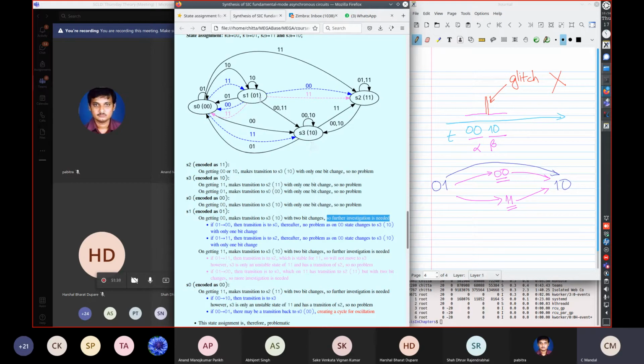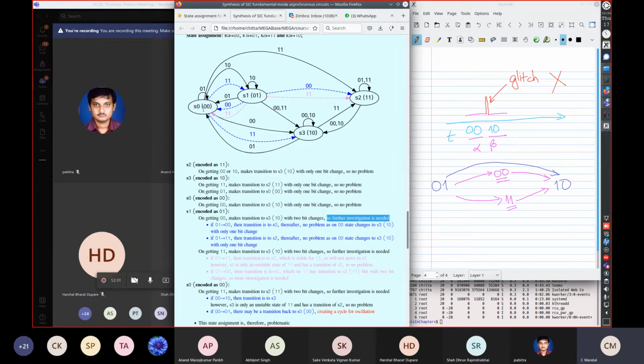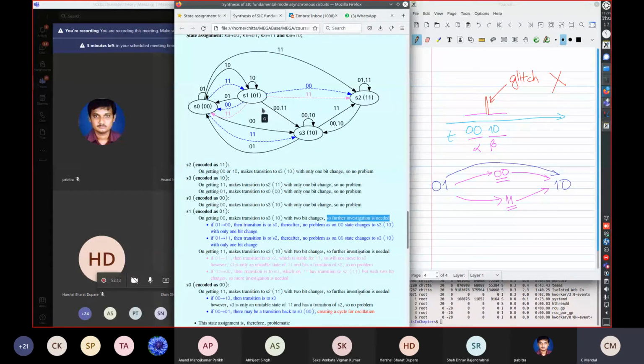So you wanted this transition on 0, 0 to S3, but it might actually come here, because as you have seen, the state change doesn't happen in one go. It might change to 0, 0, but from 0, 0 also, the transition is to S3. It's all right.